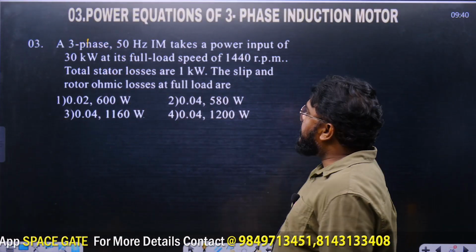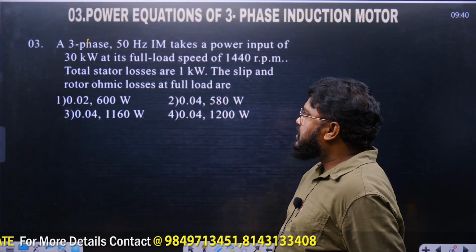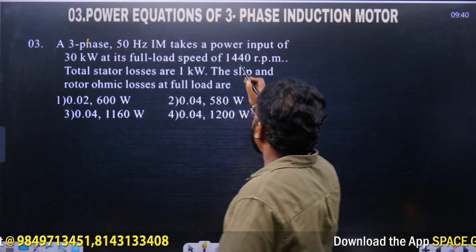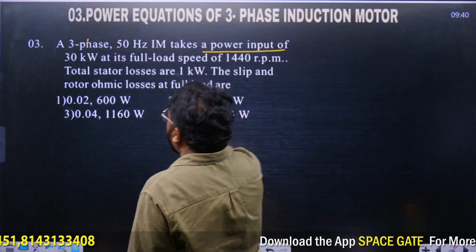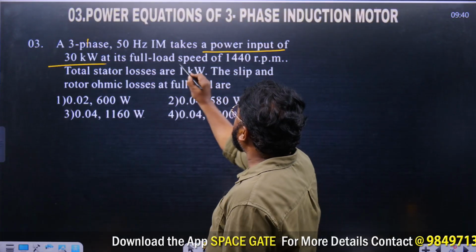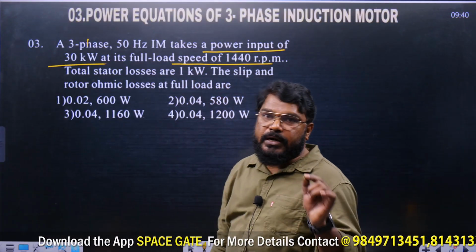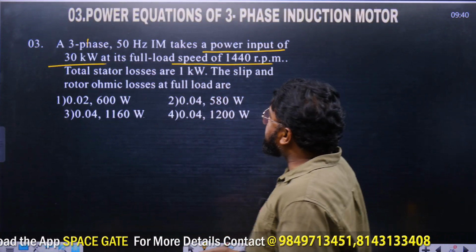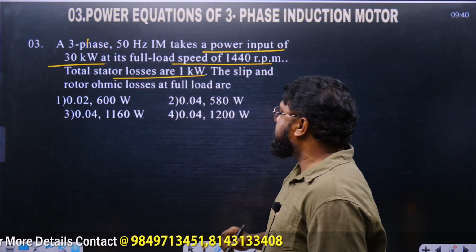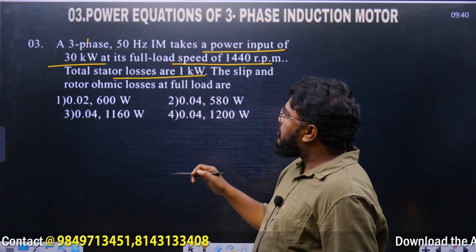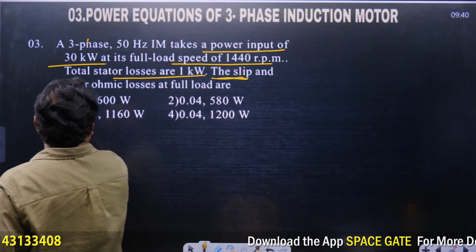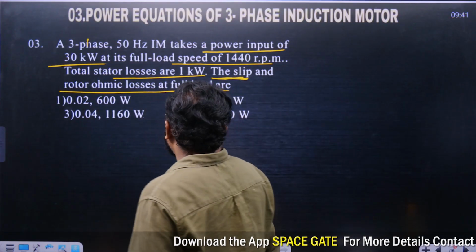Next, question number 3. It is a 3-phase 50 hertz induction motor that takes a power input of 30 kilowatts at its full load speed of 1440 rpm. So the power input of the motor is 30 kilowatts and the speed of the motor is 1440 rpm. Total stator losses is equal to 1 kilowatt. We are required to find the slip and rotor ohmic losses at full load.